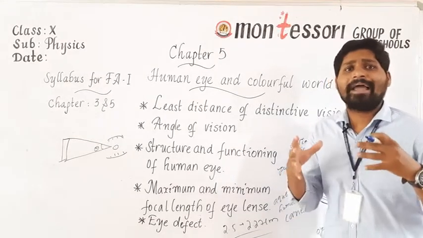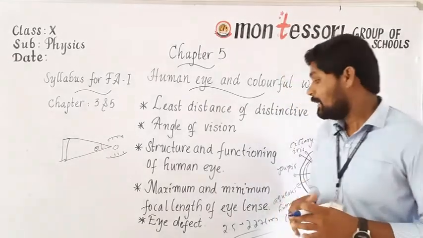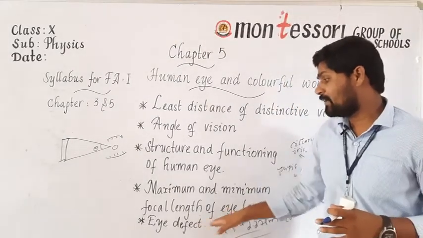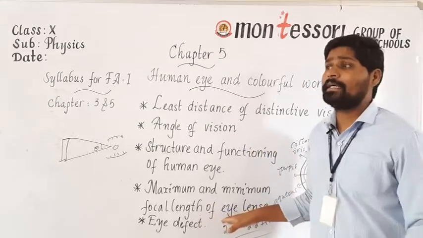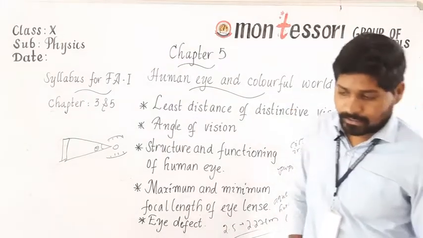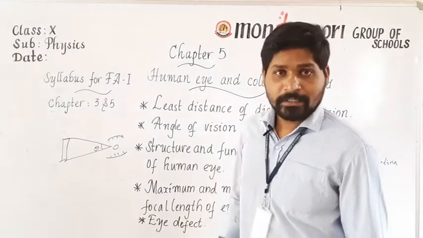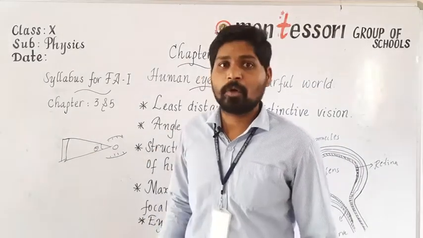What is myopia? Next, we are going to discuss the different types of eye defects: myopia, hypermetropia, and presbyopia. In this chapter, this topic is the most important one.